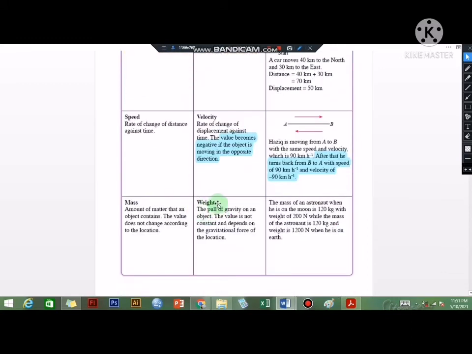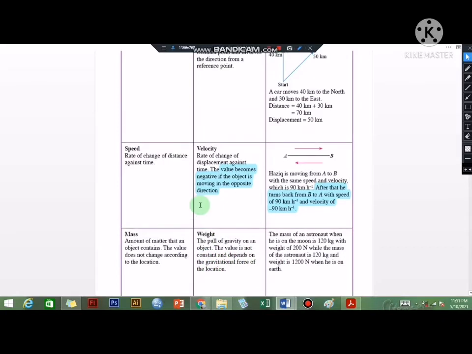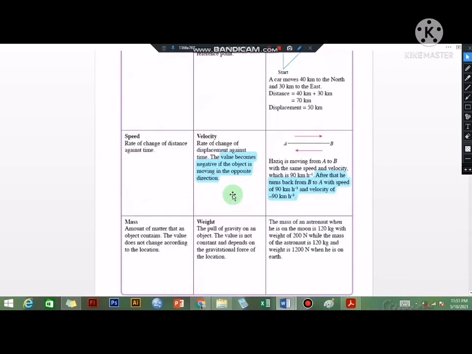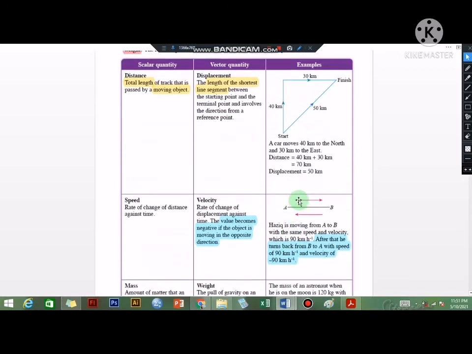Let's look at the weight. Weight is the pull of gravity on an object. The value is not constant and depends on the gravitational force of the location. So weight is considered as a vector quantity. Let's look at the example.